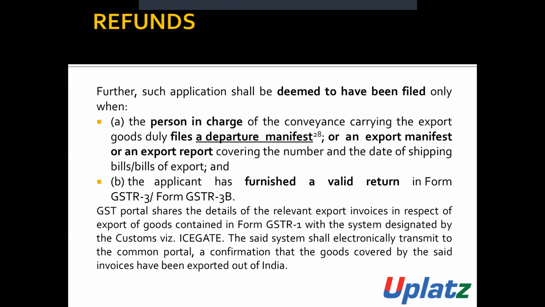This system will provide the confirmation to the common portal that the goods which are covered under the said invoices have been exported out of India. There is the confirmation that such goods which are covered by such invoice have been exported out of India. This is the confirmation about the exportation of goods.